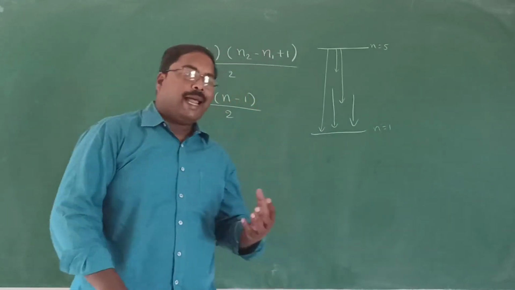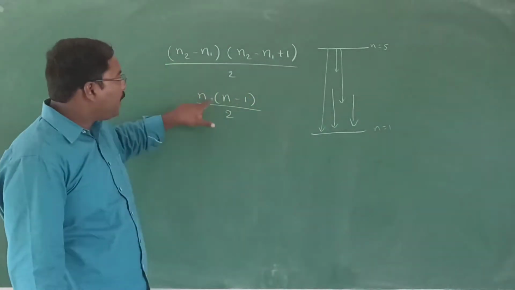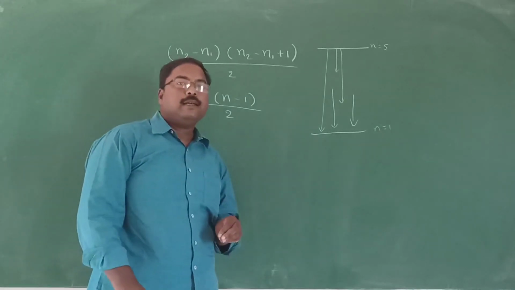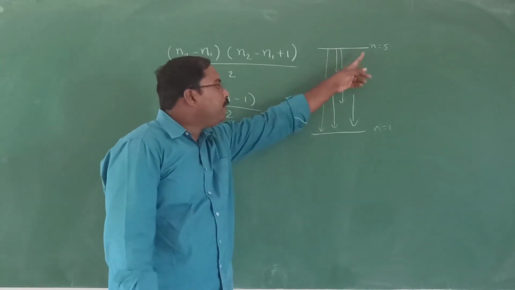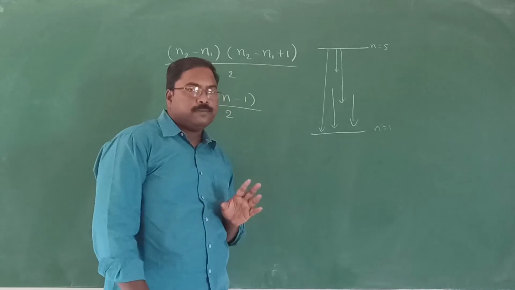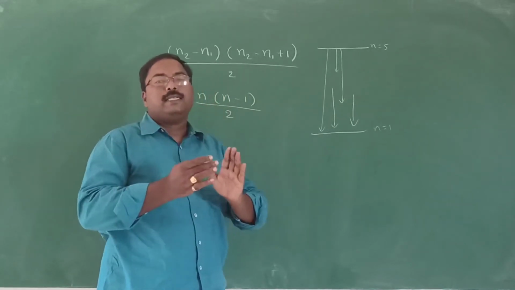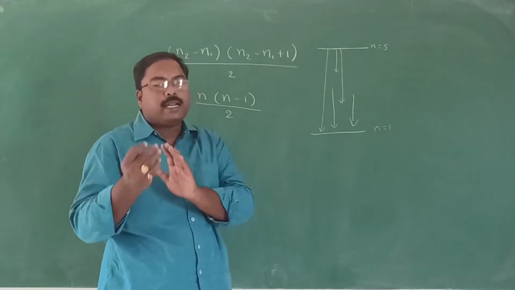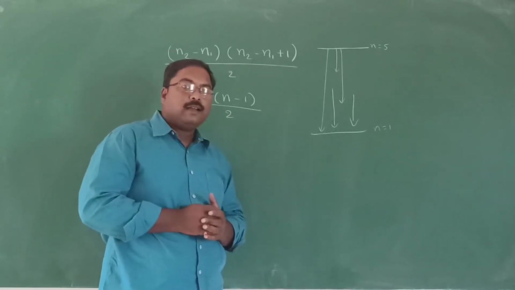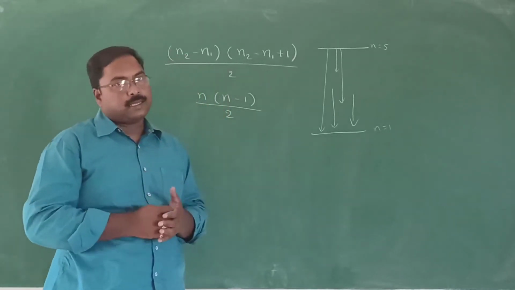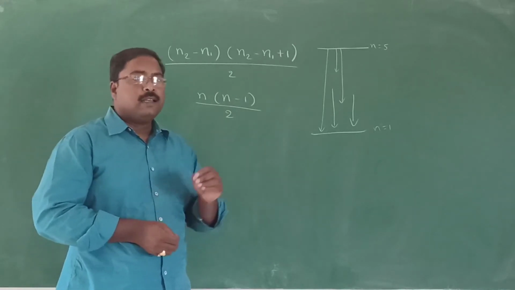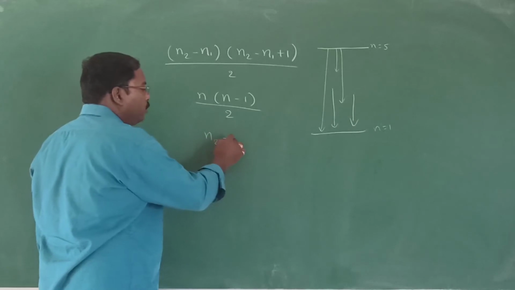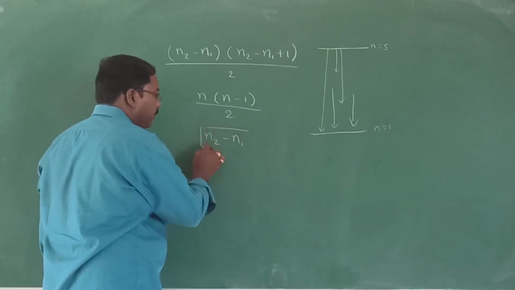To calculate the total number of spectral lines, we have this formula. If they ask that when the electron is jumping from the fifth orbit to the first orbit, how many spectral lines are observed in the Lyman series, and then ask you to calculate in the Balmer series, in such cases we use the simple formula n2 minus n1.